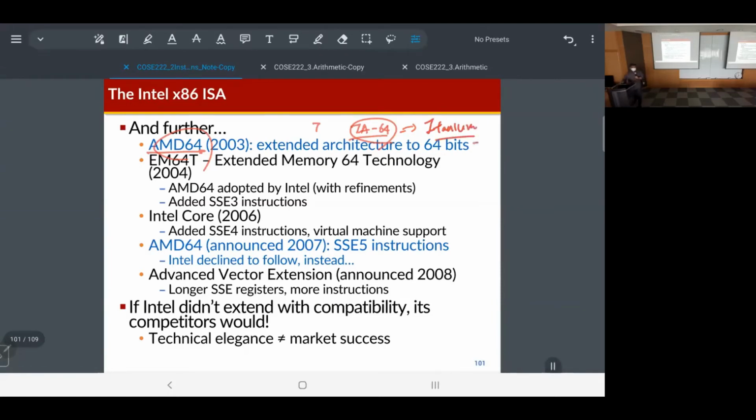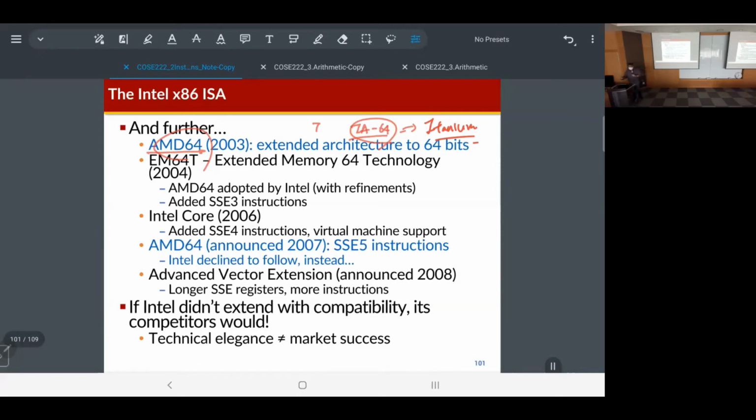But these new CPUs failed in the market. Why? Because of the backward compatibility issue. Also, Intel believed that with compiler optimization they could improve the performance of the computer system.